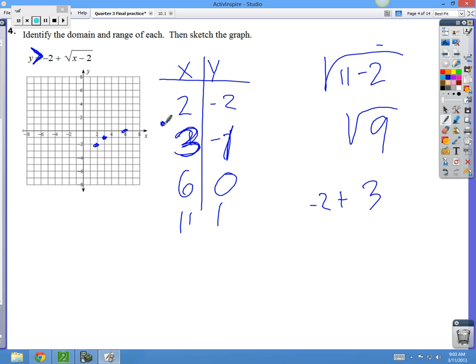Okay, now, do I connect those dots with a solid line or a dotted line? Why does it have to be a dotted line? Because it's not inclusive. Your answer is anything greater than this line.